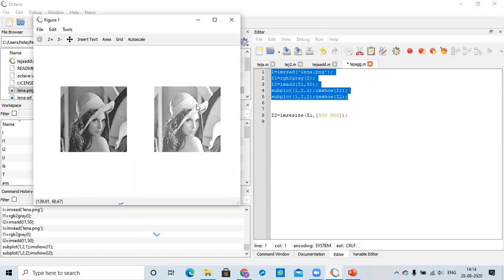Are you identifying this or not? Just check, and after that you can respond. Now you can clearly see that in this place it is lighter compared with this particular portion. And even the hair of Lena is a little bit improved, right?